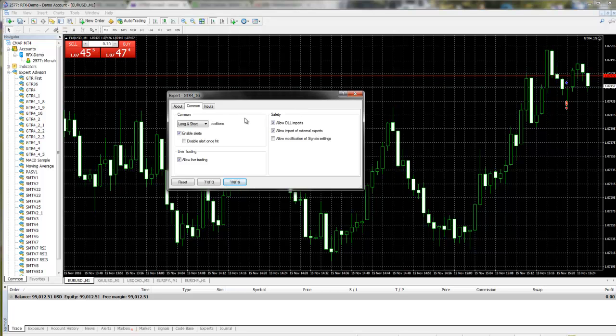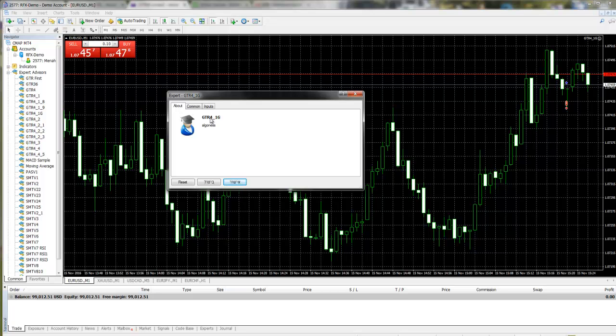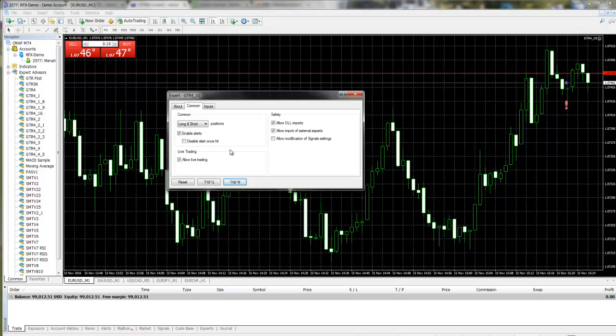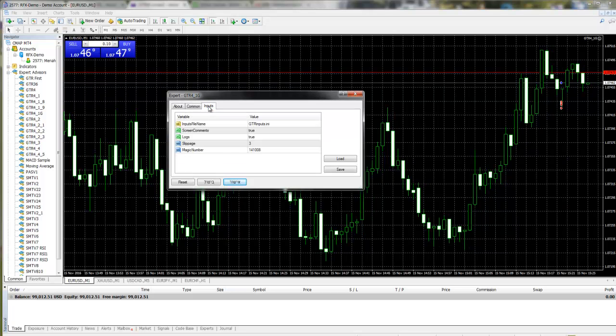And here this window is opened. This is the name of the algo, the specific robot that I'm going to run, with the copyright by Algoness. Under Common, there are certain parameters that I need to check, which I already did. And there are the inputs. The inputs are a unique concept implemented with this specific robot, the GTR series of robots.